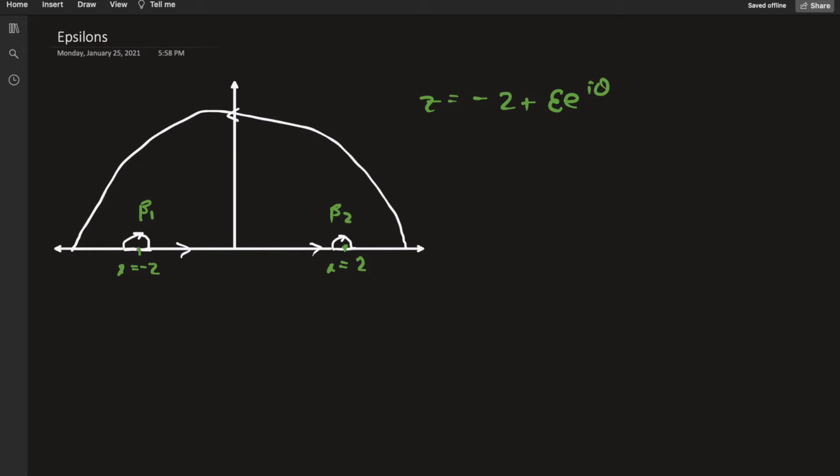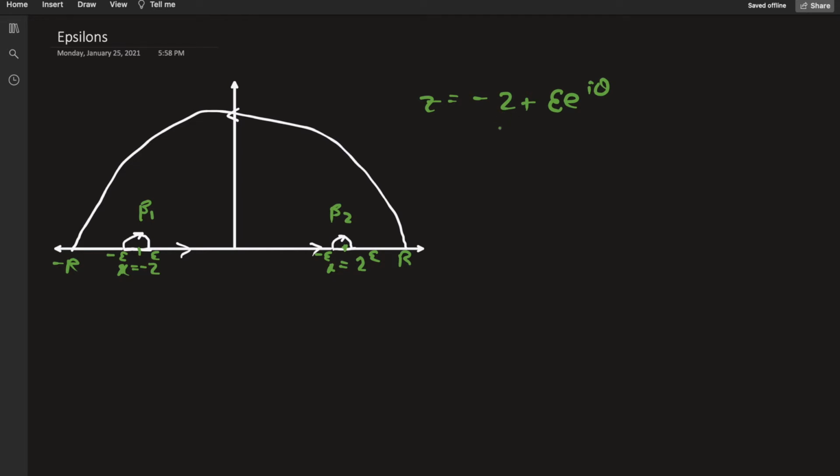You can call the radius of this epsilon, so this will be negative epsilon and epsilon, for example, just like how this was r and negative r. It's like a smaller semicircle here. Same thing here, small epsilon. So first let's do x equals -2.